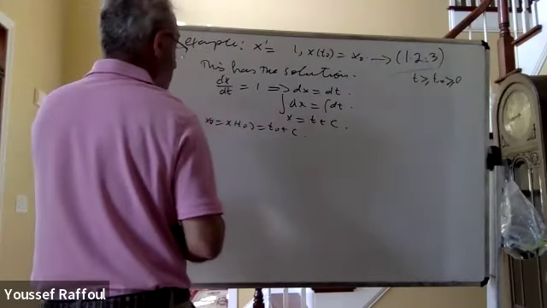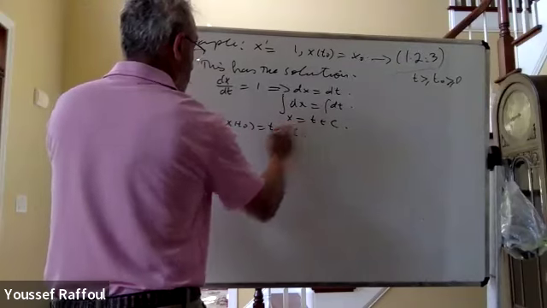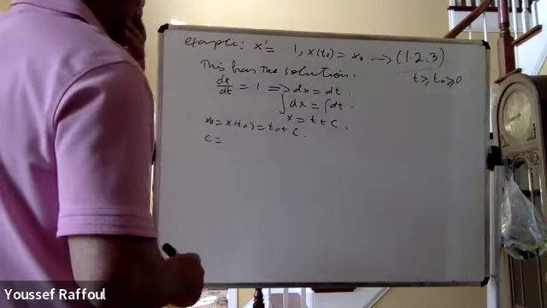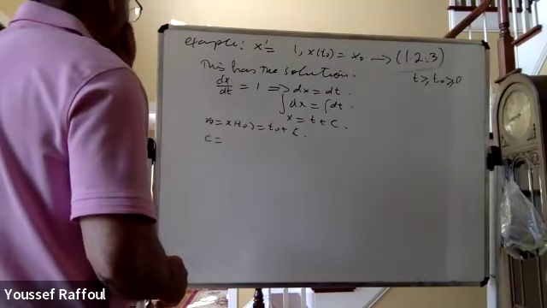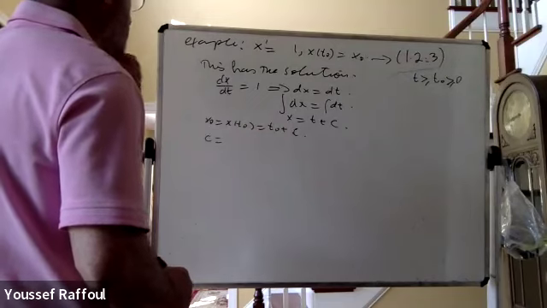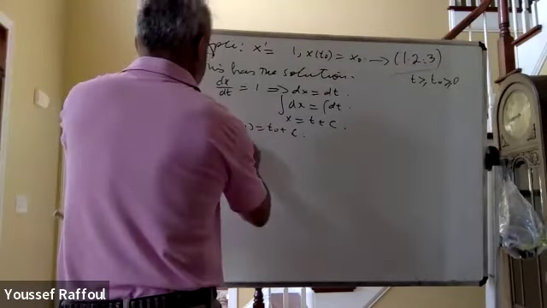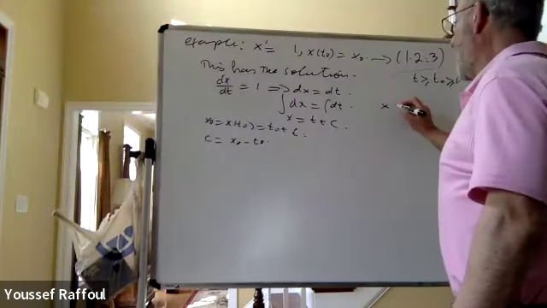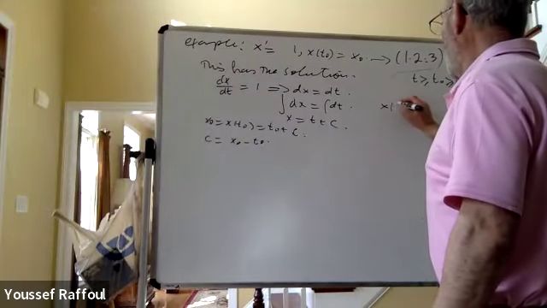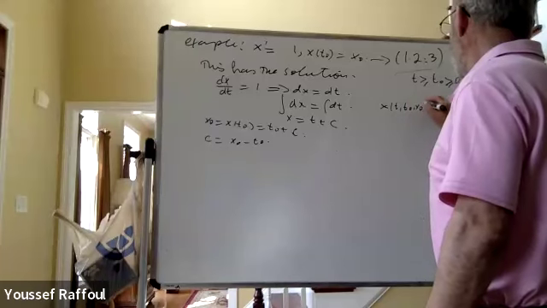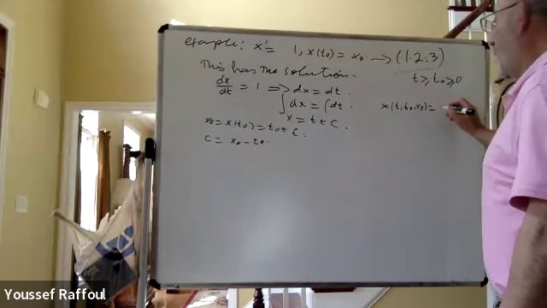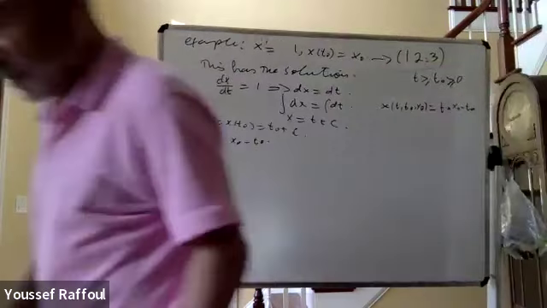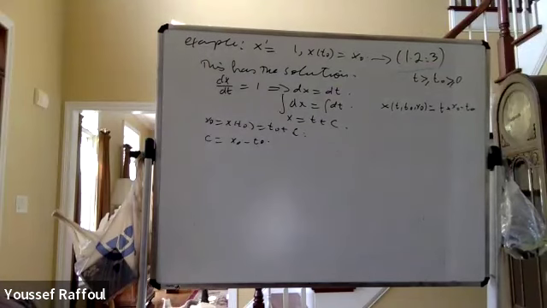So c equal to x naught minus t naught. So the solution is x(t, t naught, x naught) equal to t plus x naught minus t naught. Okay?